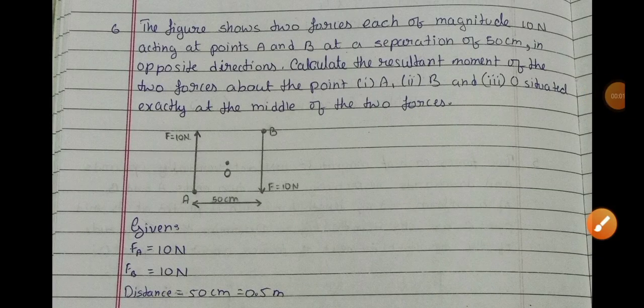Now question number 6. The figure shows two forces, each of magnitude 10 Newton, acting at points A and B at a separation of 50 centimeter in opposite directions. Calculate the resultant moment of the two forces. Remember, here there are two forces, the first about point A and the second at B, and O is situated exactly in the middle of the two forces.